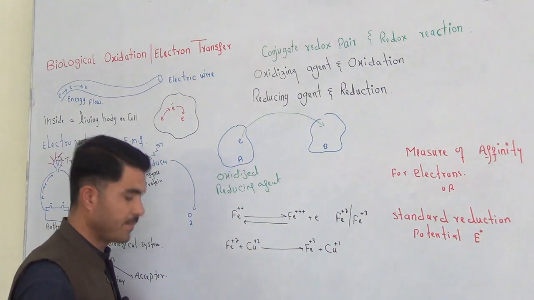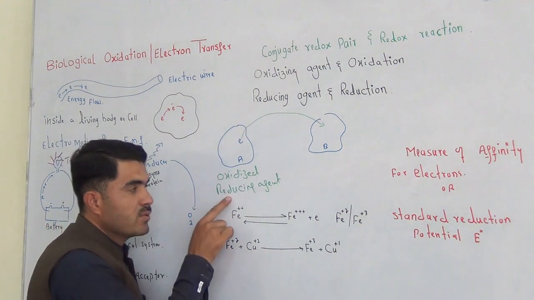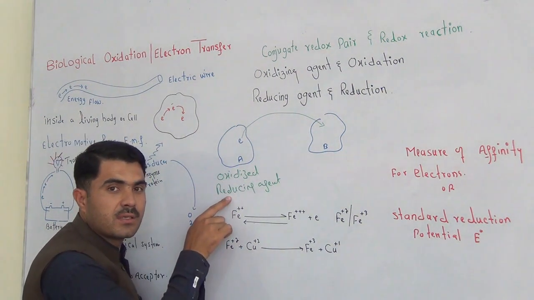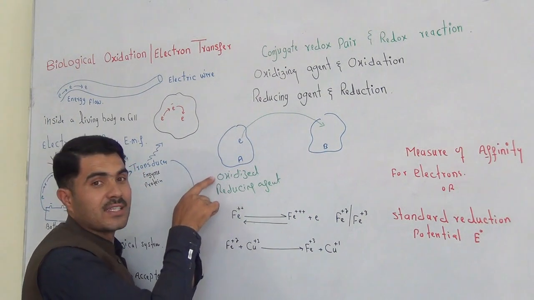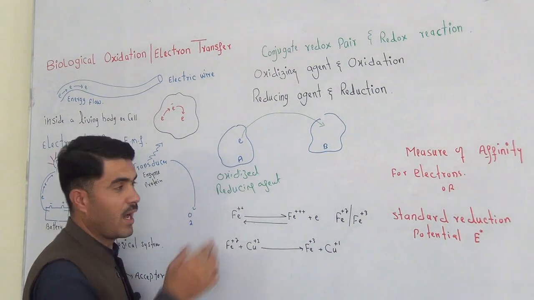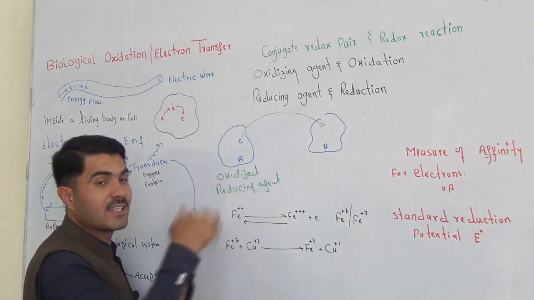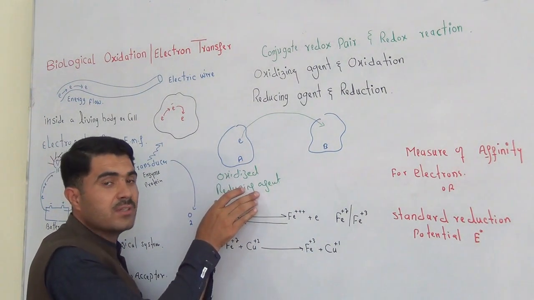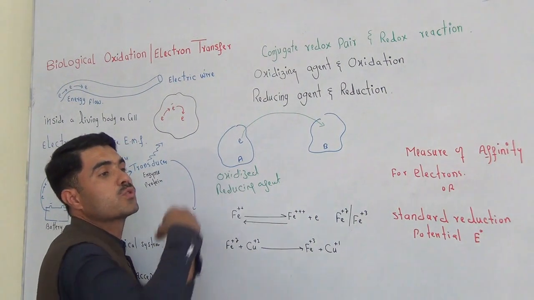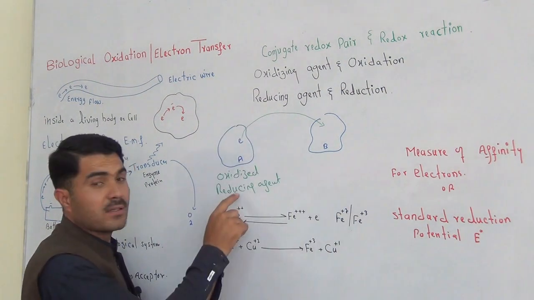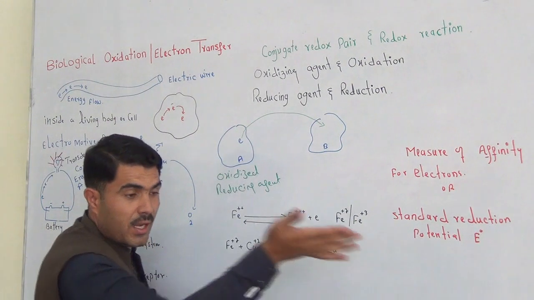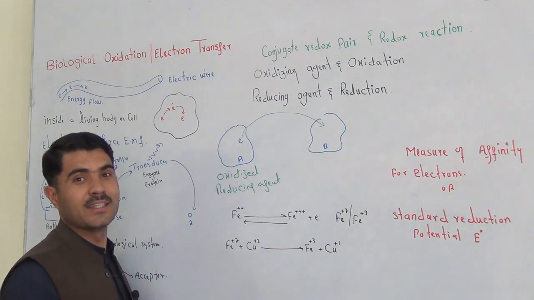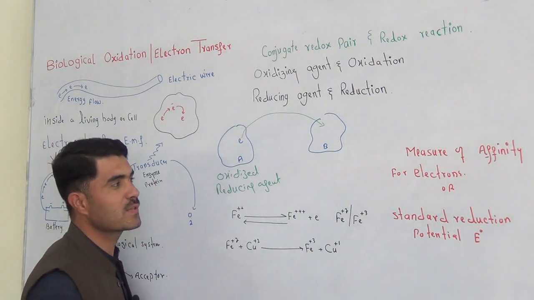So a reducing agent always oxidizes itself. A reducing agent oxidizes itself, meaning a reducing agent gives electrons to others. It reduces others and itself is oxidized. So this is a very clear concept.